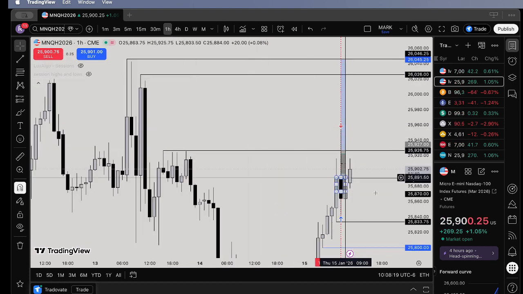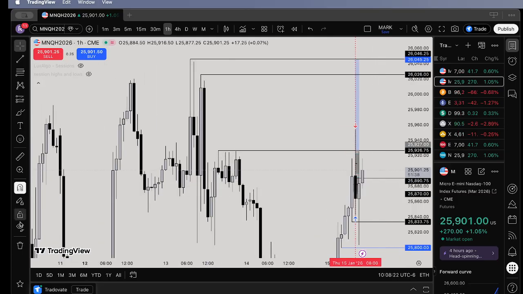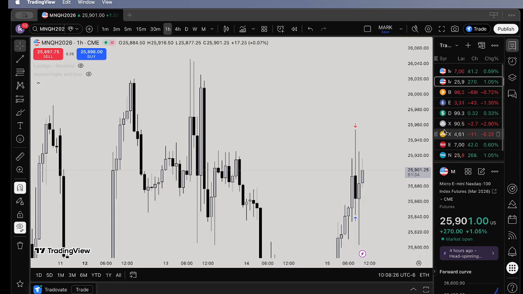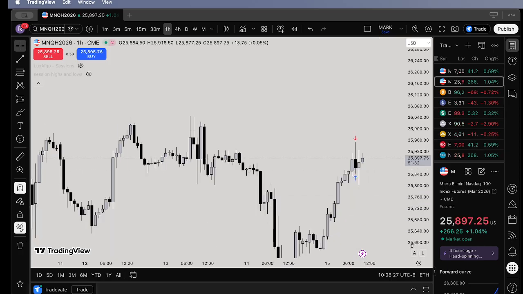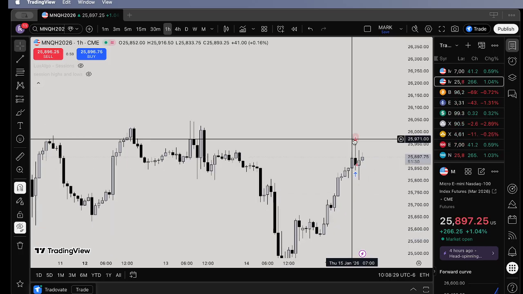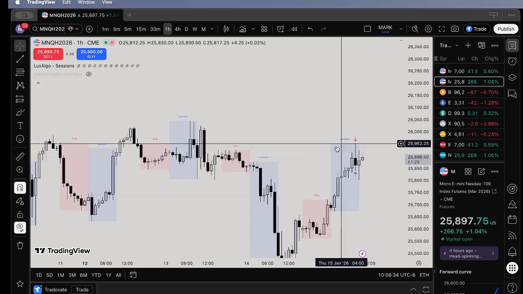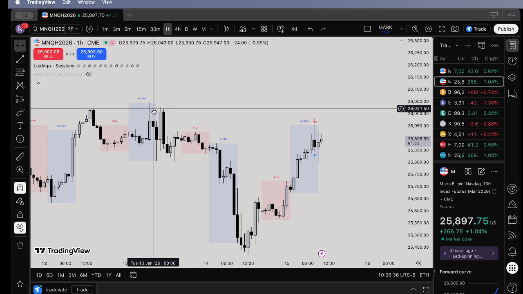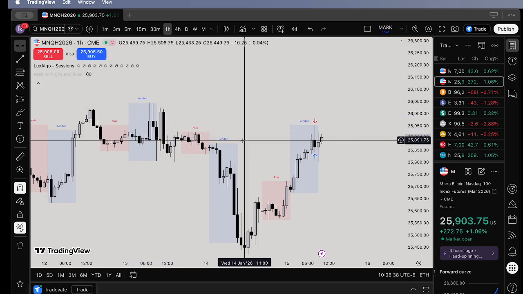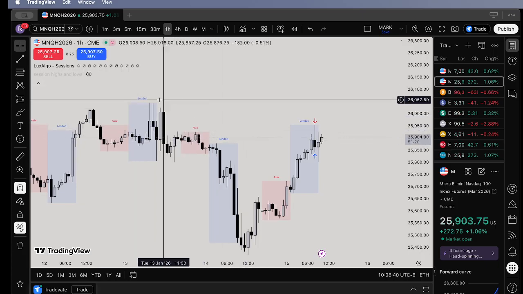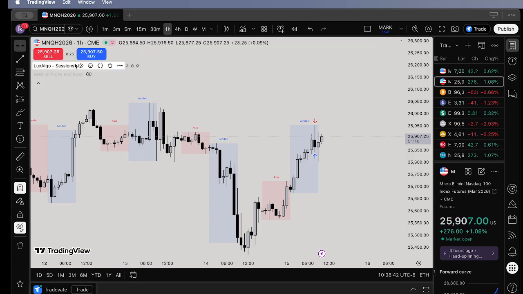But anyways, coming into the day, absolute ripping. 1 hour bullish, 4 hours bullish. If we pull up the sessions right here, you can just see we're ripping. We had highs up here from yesterday that I thought we were going to take out.